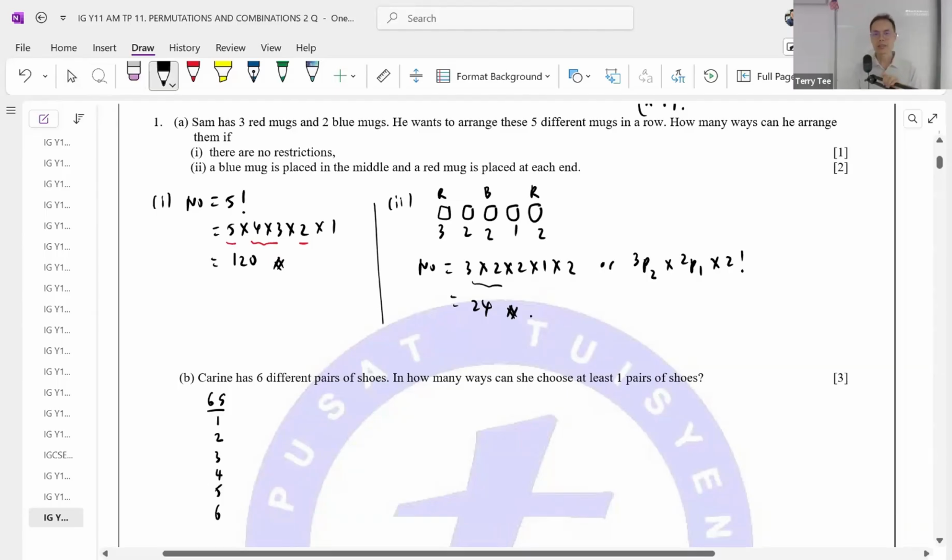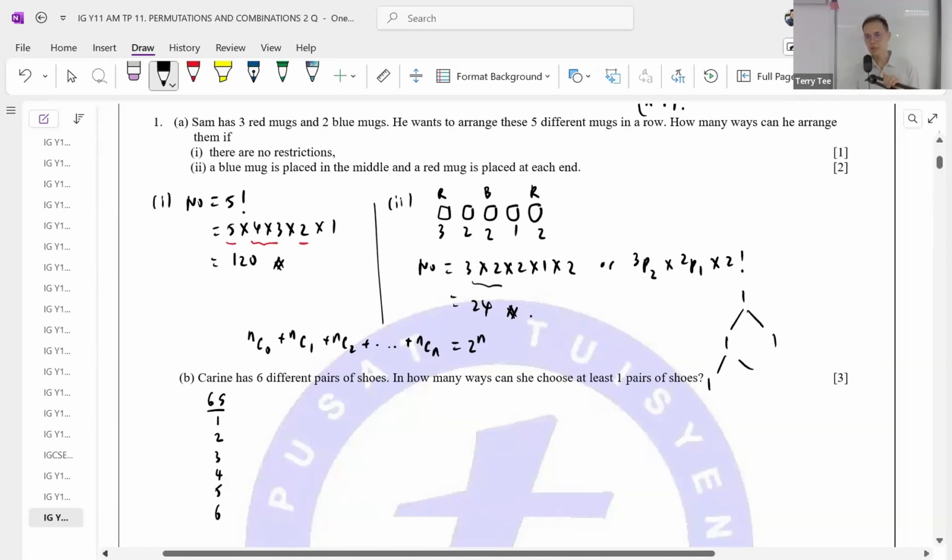Do you know that there is a formula, if you like: nC0 plus nC1, nC2, all the way until nCn is the same as 2 to the power n? Do you know about this? Let me demo for you. Do you know, for example, Pascal's triangle?